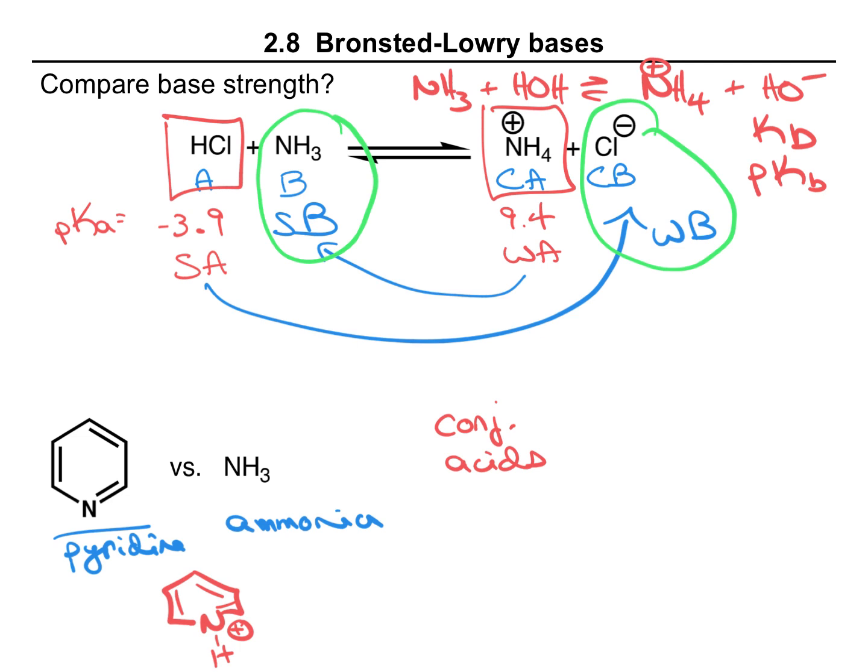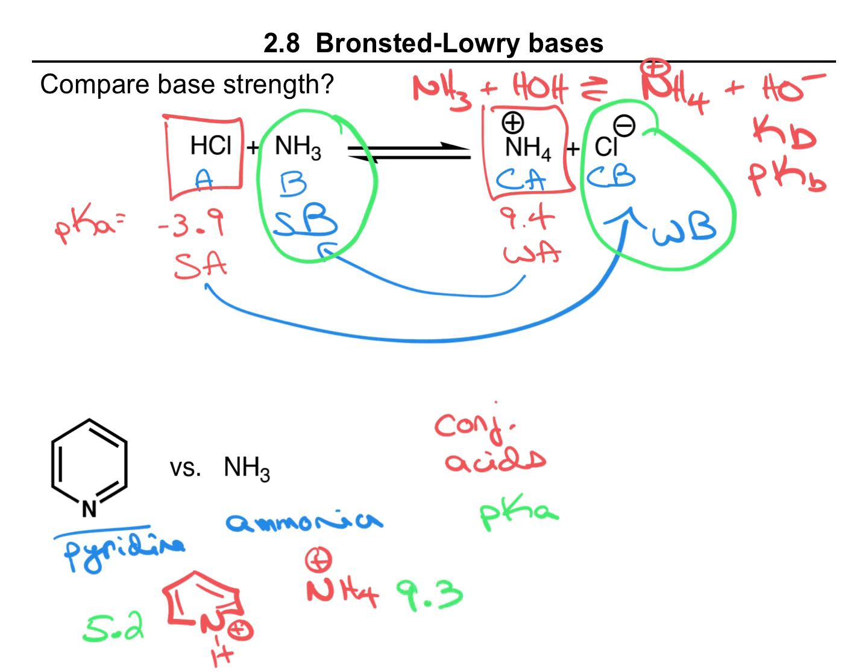And you can find this in a table of pKa values. So the pKa of pyridinium ion is 5.2. Now for ammonia, NH3, the conjugate acid is NH4 plus the ammonium ion, and this pKa is 9.3.